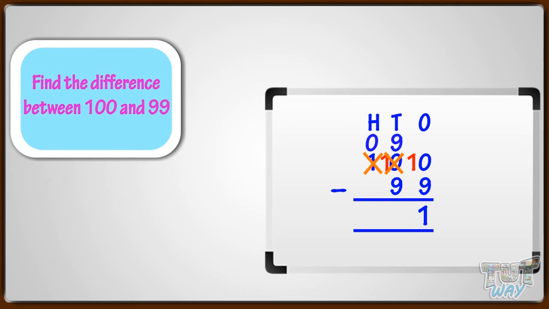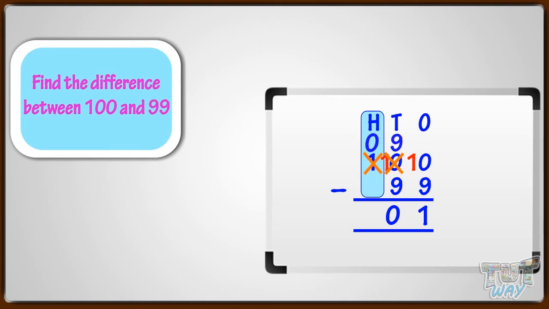Now find the difference between numbers at tens place. 9 minus 9 equals 0. So write 0 below tens-digit numbers. Now find the difference between numbers at hundreds place.